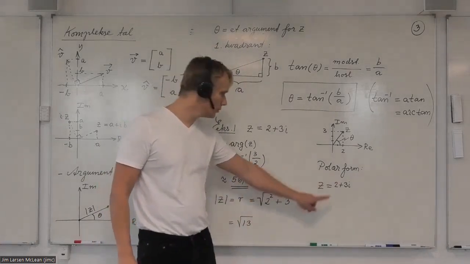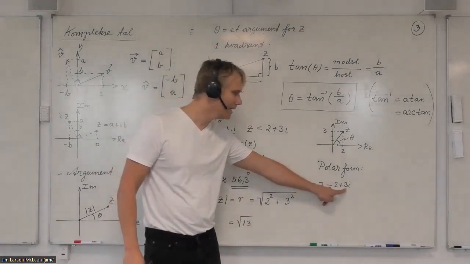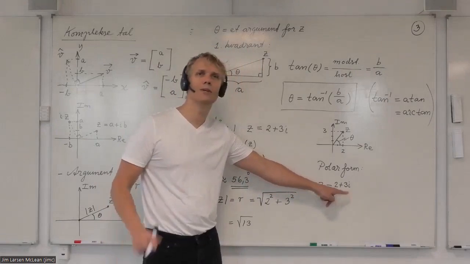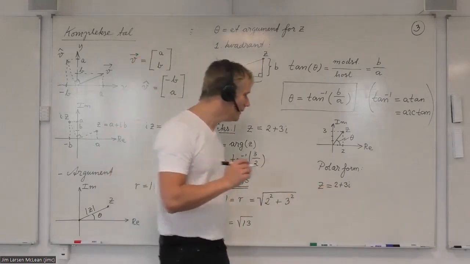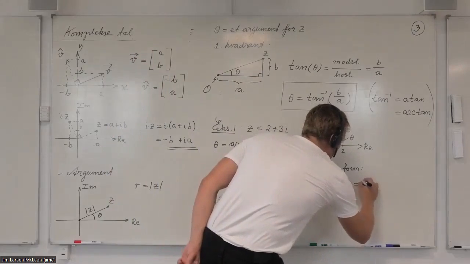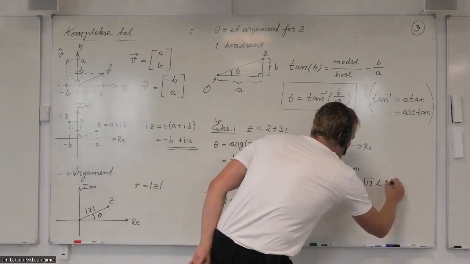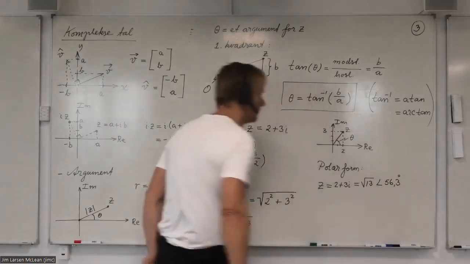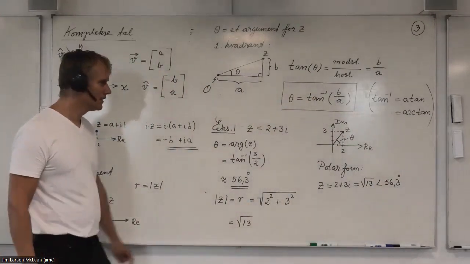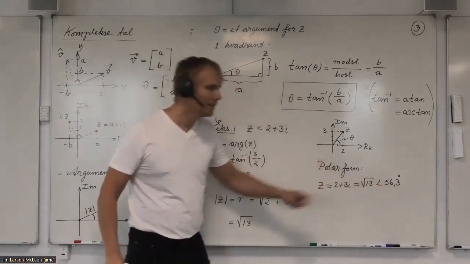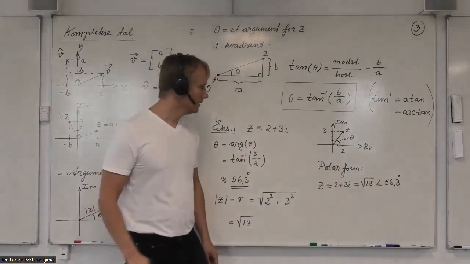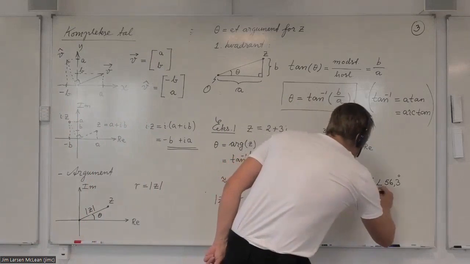It's 2 units out on the real axis and 3 units up on the imaginary axis. But you might as well indicate it like this: square root of 13, 56.3 degrees. So this is just another way of writing the same complex number. And this is called polar form.